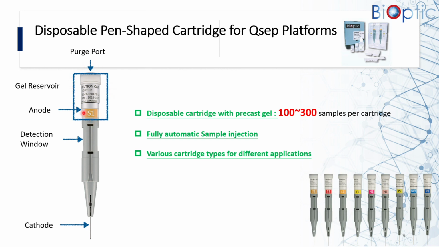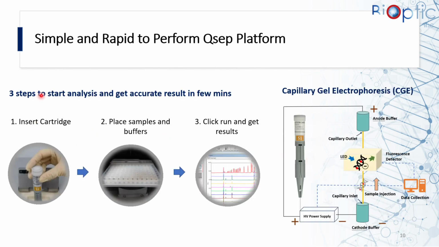Each cartridge can analyze 100 to 300 samples with fully automatic sample injection. Also, we apply more than 10 different precast gel into the cartridges to be adapted for different applications. Users can start the analysis in 3 steps to perform the QSAP platform. Insert the cartridge, place samples and buffers, and then click Run to get the results.